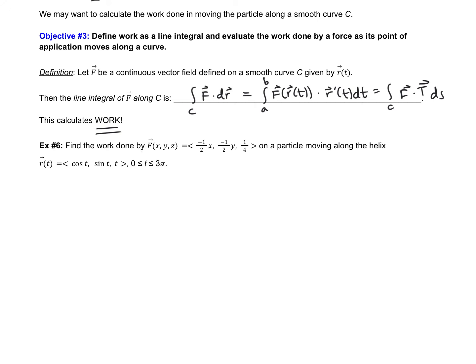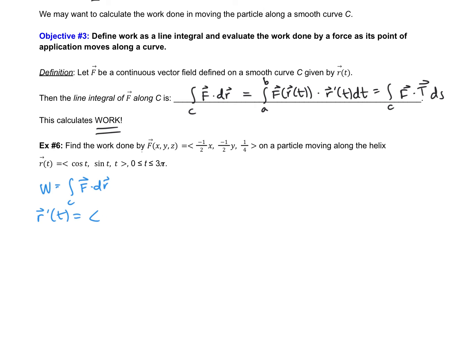Example 6, find the work done by this vector field f on a particle moving along the helix given by this r, where t is between 0 and 3 pi. So work, we're going to calculate as the line integral of f dot dr. So we're going to need r prime of t. We have r above.